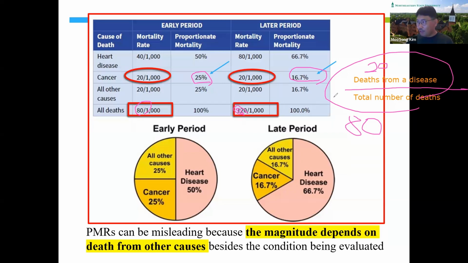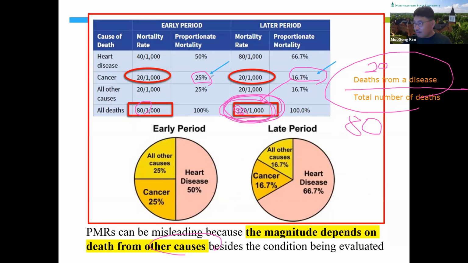So proportionated mortality rate is actually depending on total number of deaths. That's why proportionated mortality rate can be misleading, because the magnitude depends on the deaths from all causes, total number of deaths, beside the condition being evaluated. What does it mean by this?